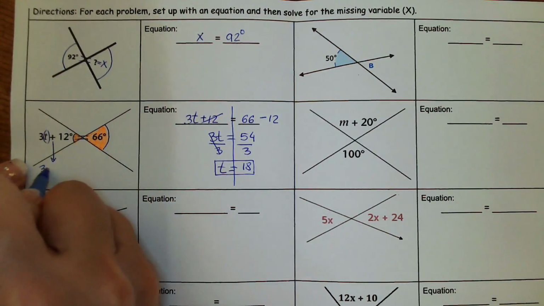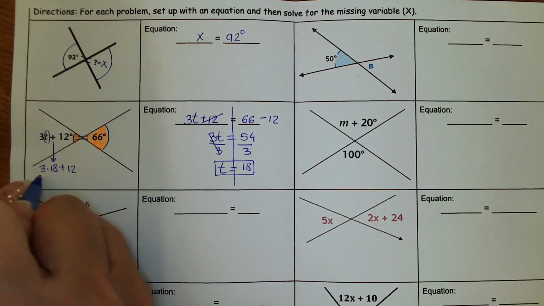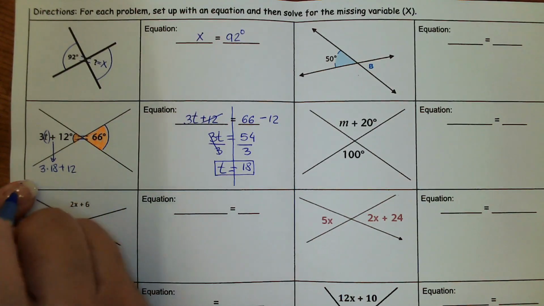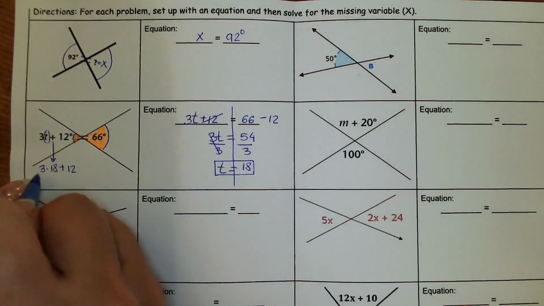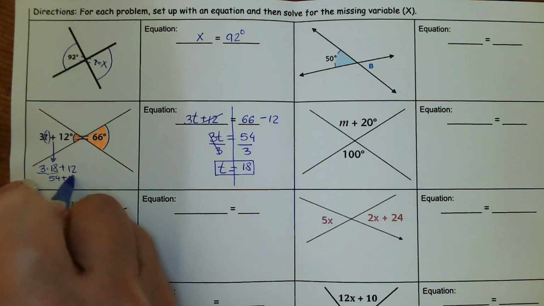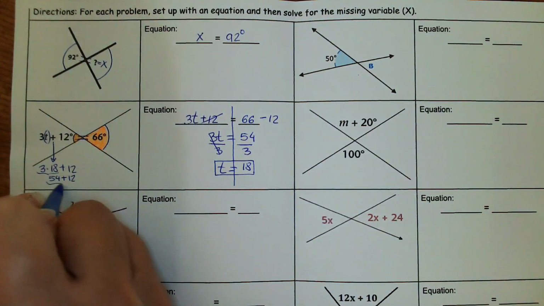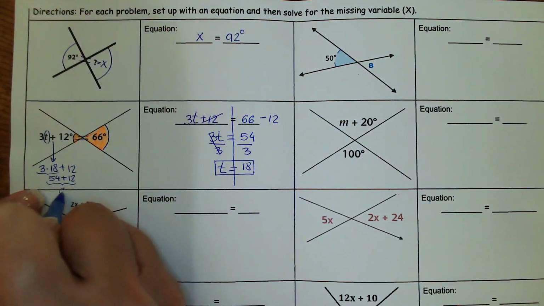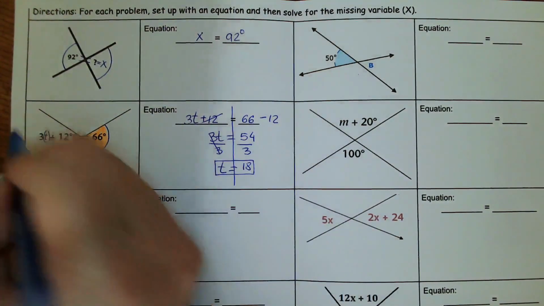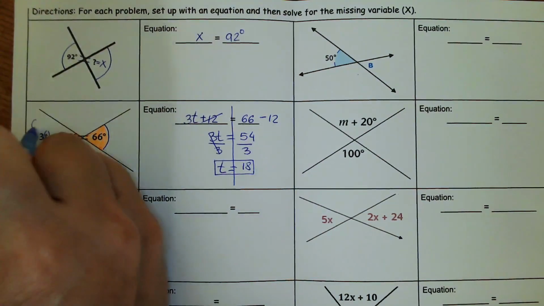So that'll be 3 times 18 plus 12. 3 times 18, we have 54. And then 54 plus 12, we have 66. So this value of the expression is 66 degrees as well.